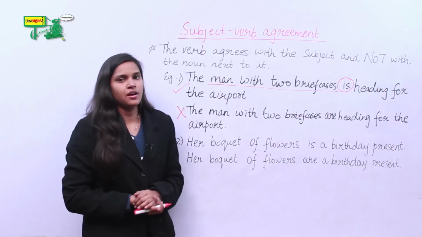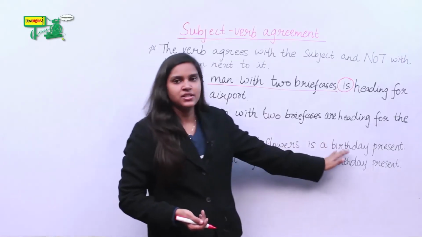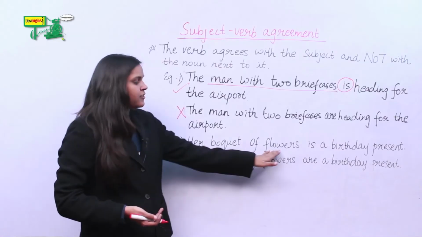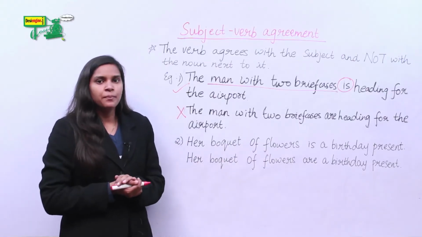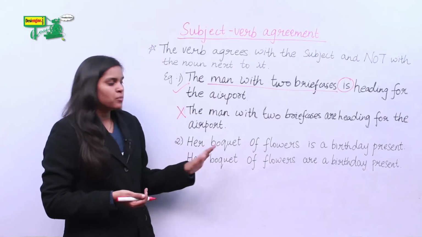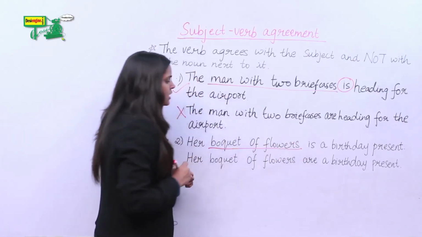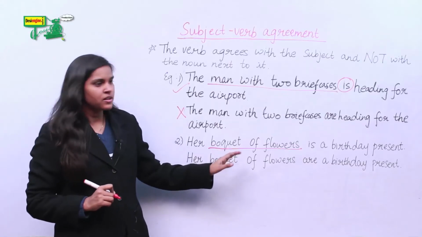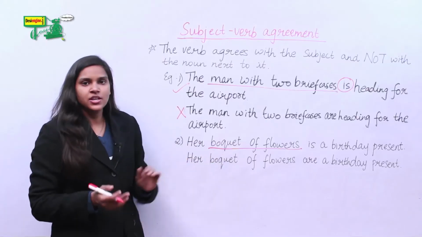Let's do another example. Her bouquet of flowers is a birthday present. Since the flowers is plural, there is a tendency to add a plural verb. But take a look. Bouquet of flowers is a noun phrase. The subject is bouquet and the noun is flowers. The subject bouquet is singular.